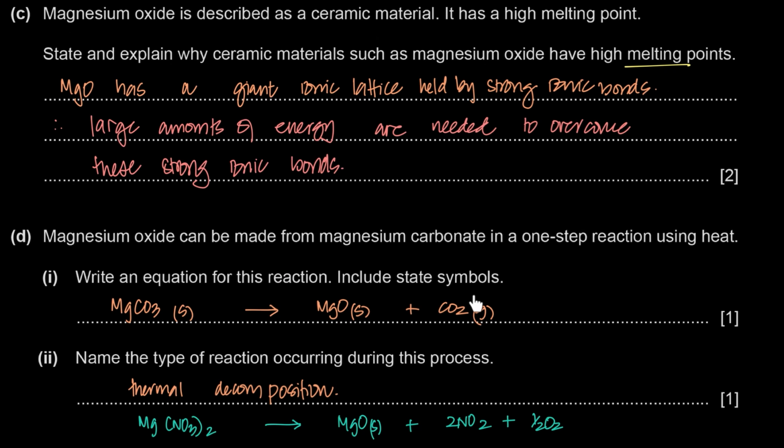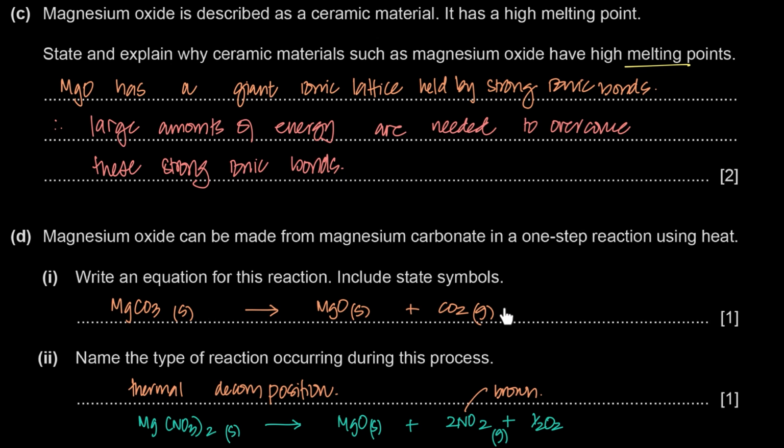Really, you could say that you can pass the gas produced through lime water and it would turn milky or turn white. But in this particular case, there is an observation. Even though you go from solid to solid, the NO2 gas that is produced is brown in color. So here there is a visible observation. You'd say brown gas produced.